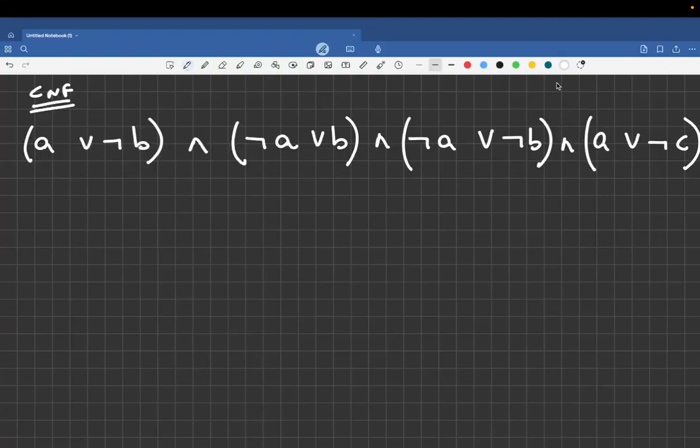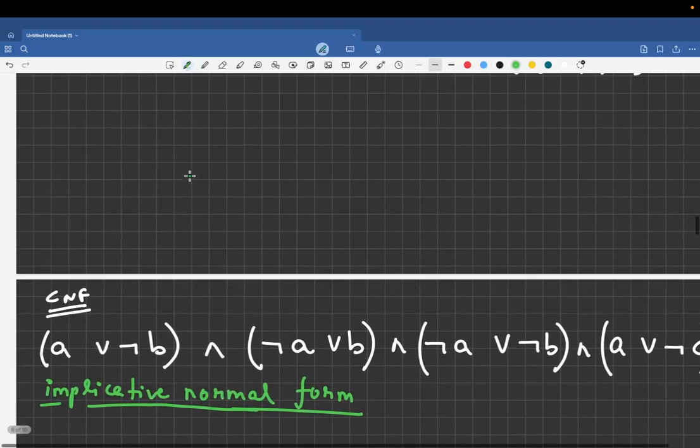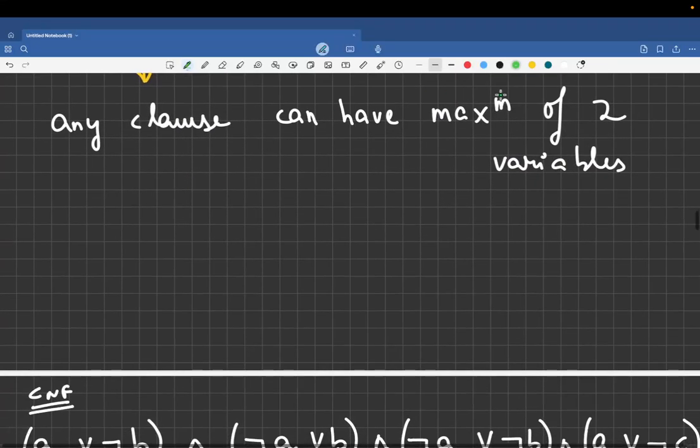To solve this, first of all, we need to convert it to implicative normal form. I'm just writing down these words. Actually, this concept is not very tough, but to make you completely understand all the intuitions, I'm writing down all these words as well. So how do we convert it to implicative normal form?